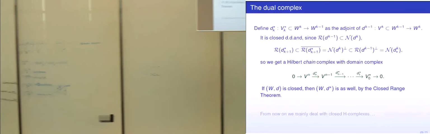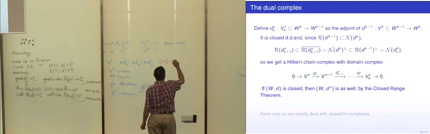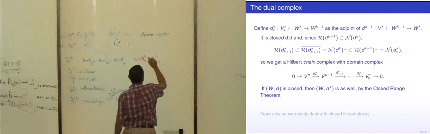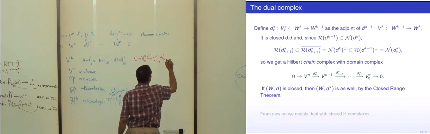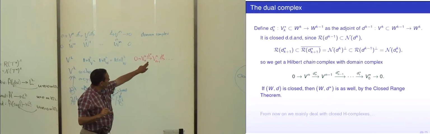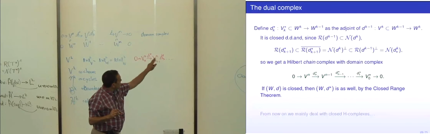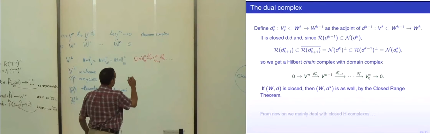So we have the dual complex, the dual of V^n, the dual of V^(n-1), with the D stars. And I claim this is also a complex. In other words, I claim that the range of D star is contained in the null space of the next D star. And how does that go?